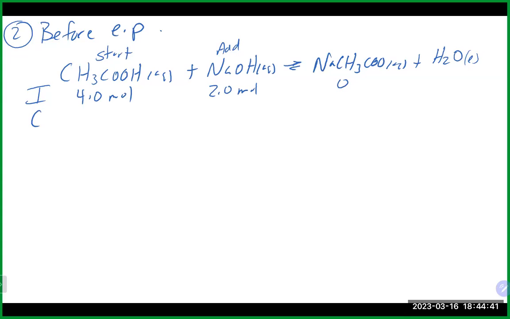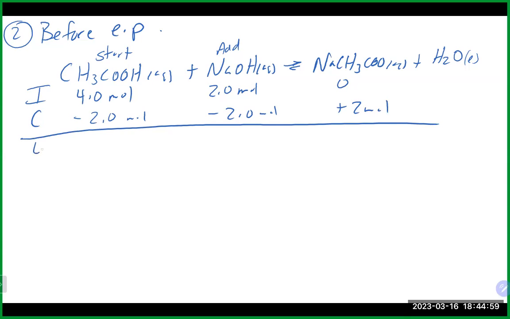Not everybody at once. It is the sodium hydroxide, right? Again, it is the smaller number. It is the limiting reagent. So this is going to be -2, -2, and +2 moles here. That means when I reach equilibrium, that's going to be 2 moles.